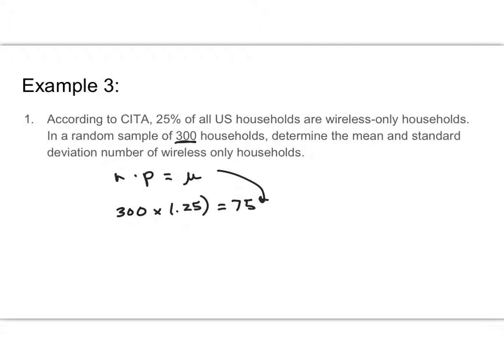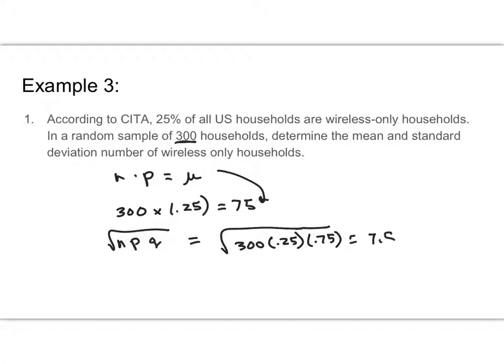Standard deviation is going to be the square root of npq. So we need the square root of 300 times 0.25, and then the probability of q, failure, is going to be 0.75, because 0.25 and 0.75 equal 1, and I end up with a standard deviation of 7.5.